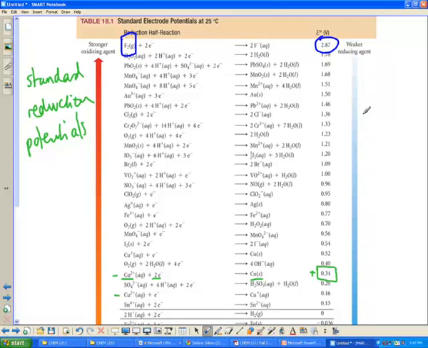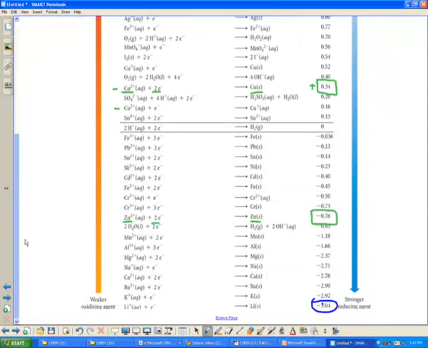On the other hand, the more negative the reduction potential, as in lithium plus having the most negative reduction potential, the much better reducing agent it is. So lithium is the best reducing agent.